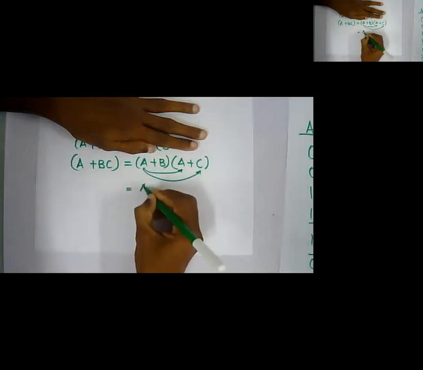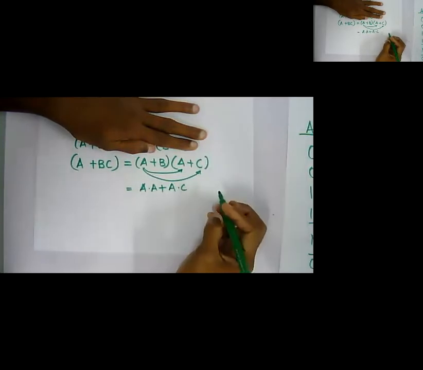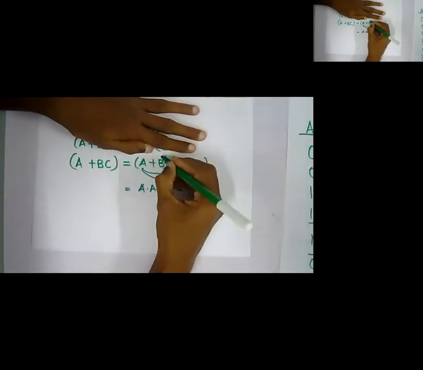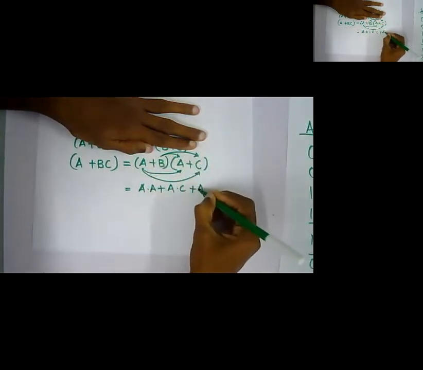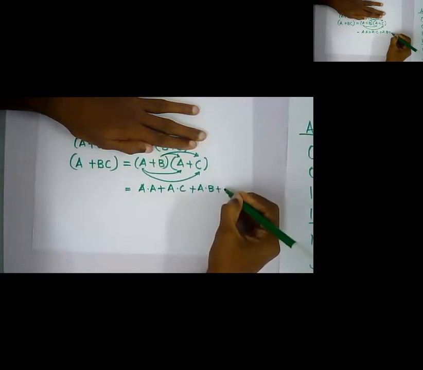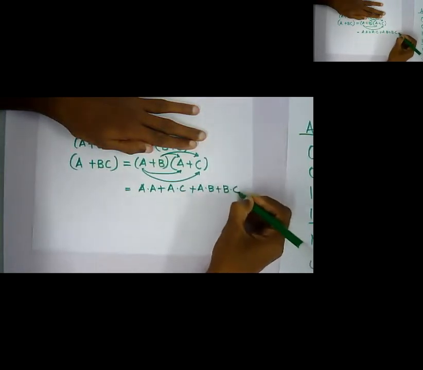So a, right, so it becomes a dot a plus a dot c. Clear. Again now, plus a dot b plus b dot c.